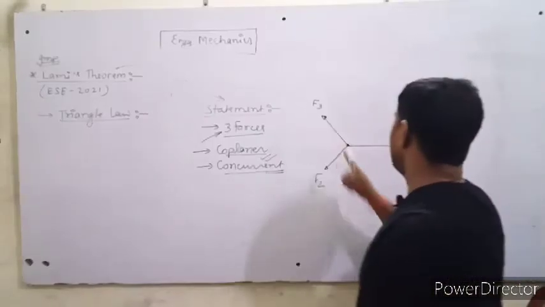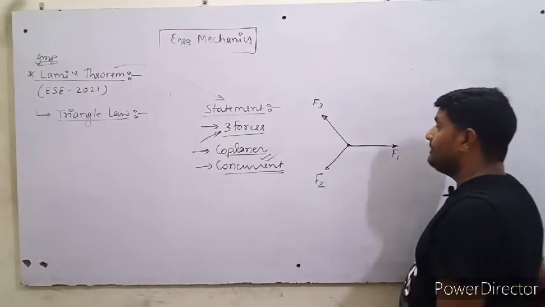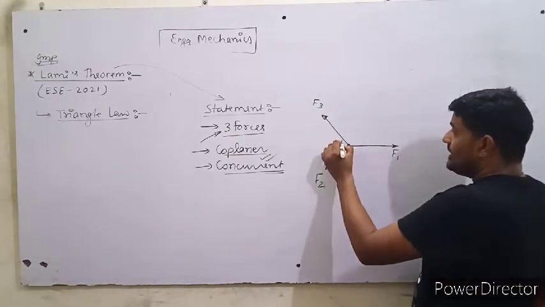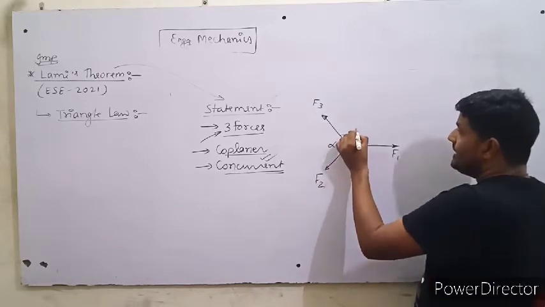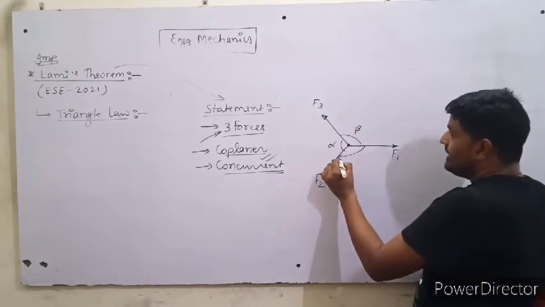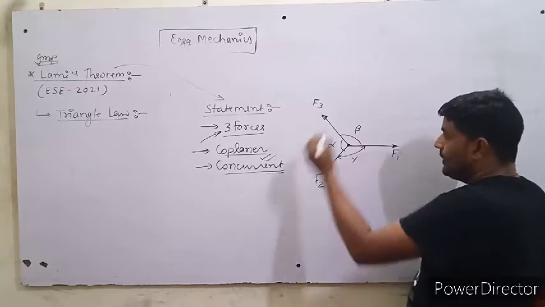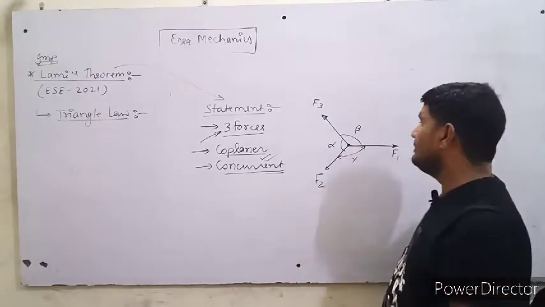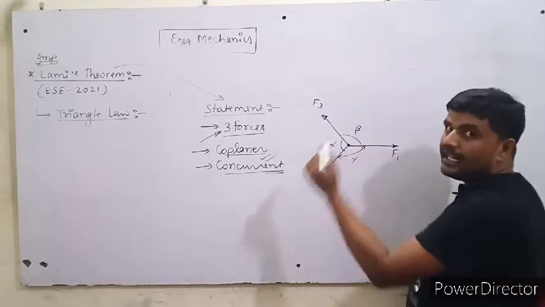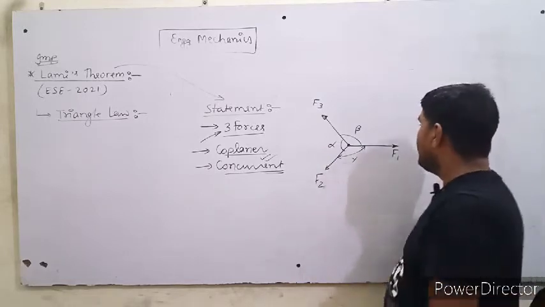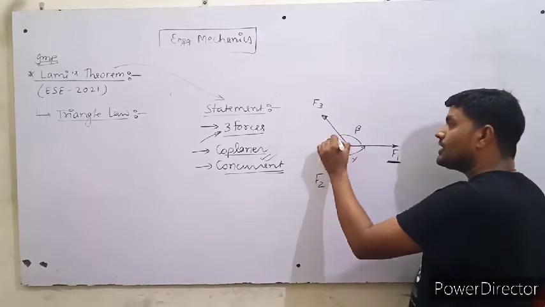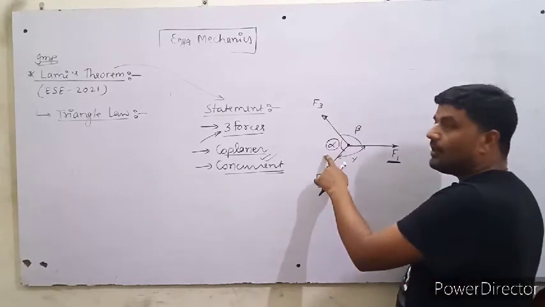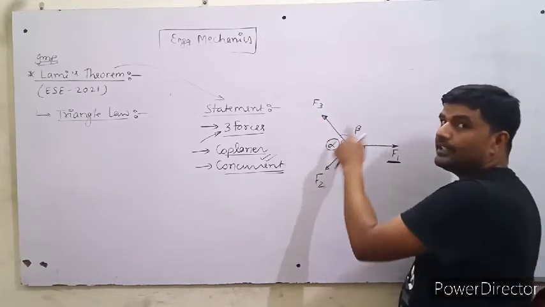So if three forces are in equilibrium, I am assuming this angle is alpha, this angle is beta and this angle is gamma. So according to Lami's theorem, if three forces are in equilibrium, then each force will be directly proportional to the sine of the angle between the two other forces.